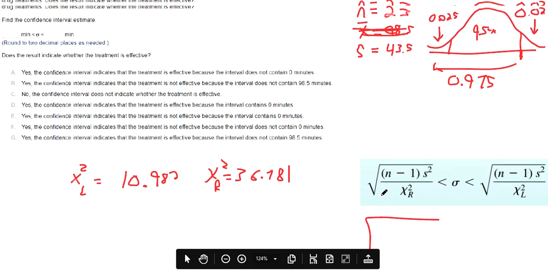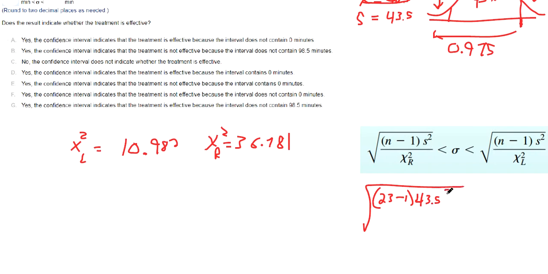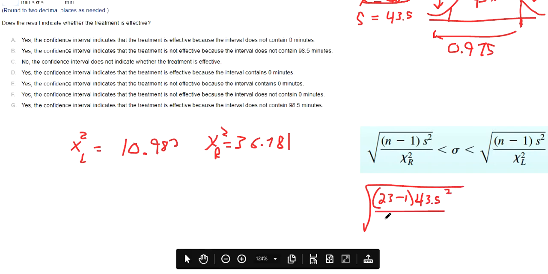Then you can plug the values into the formula. So we got 23 minus 1 times our standard deviation squared, divided by chi-squared sub r.